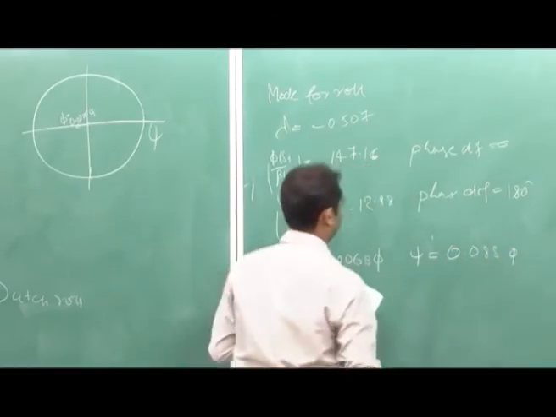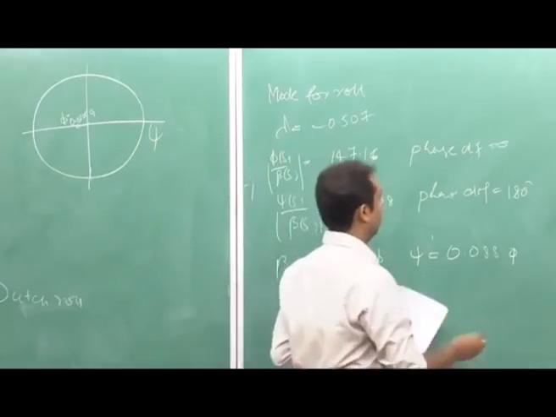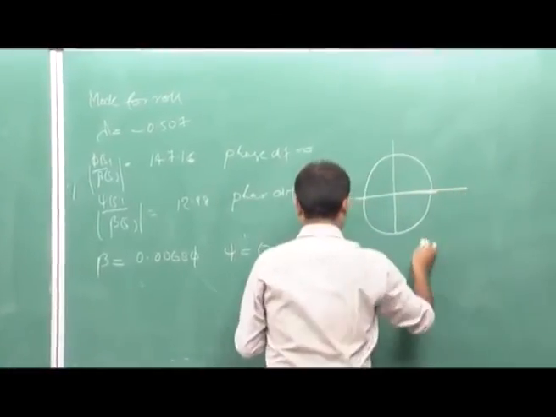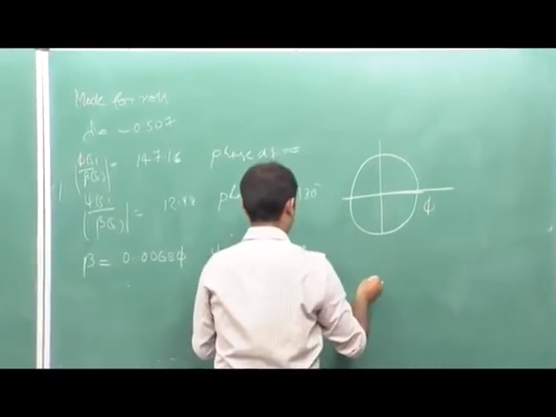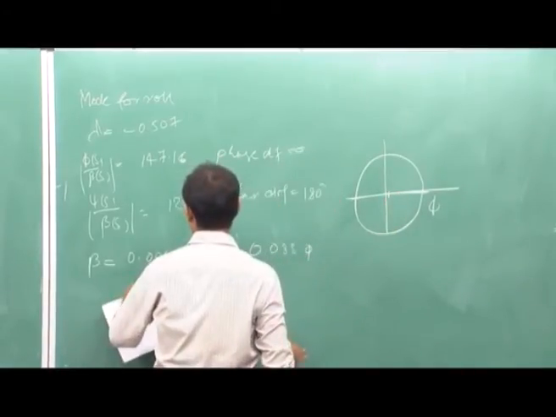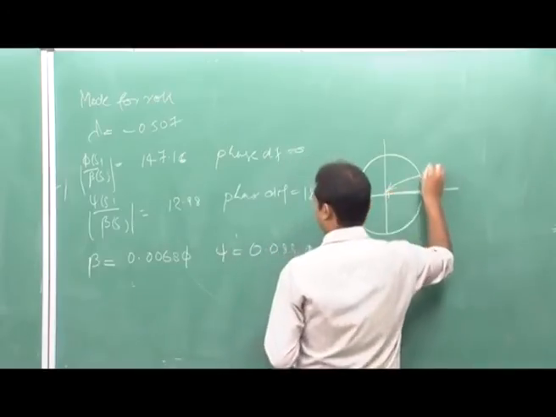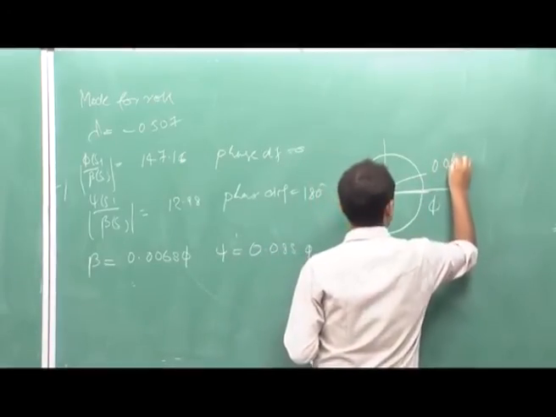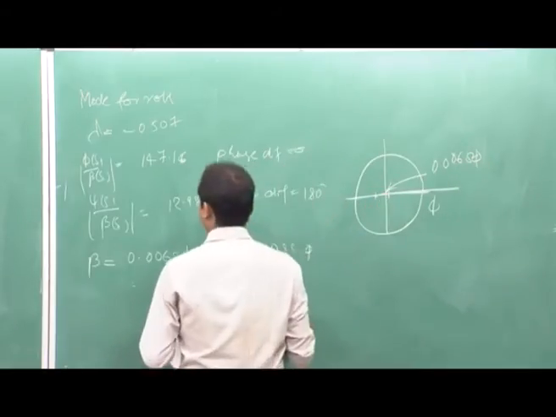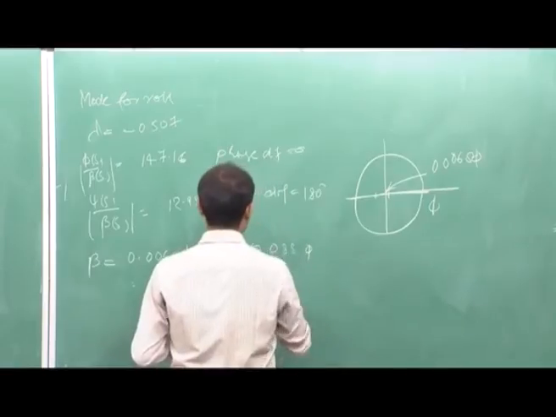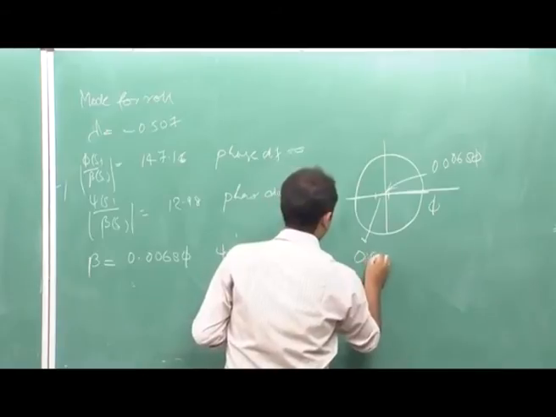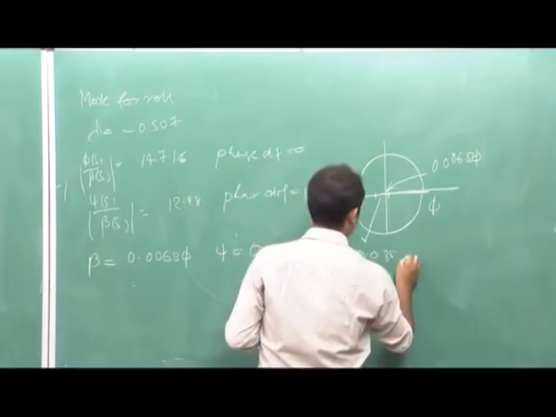When plotting this in mode shape for roll mode, a unit circle in terms of phi, the magnitude will be a small value for beta and phi relation. This will be 0.00685, and your psi and phi relation is 0.0885.